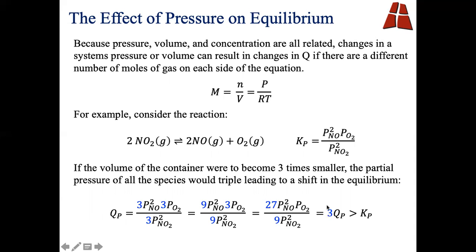And then if we reduce our terms, taking 27 divided by 9, we know that if we reduce the volume of our container by 3 times, that means Qp is going to be 3 times greater than Kp. So if Q is greater than K, that of course means that we need to shift towards reactants, forming more reactants in order to reestablish our equilibrium, right? Okay.